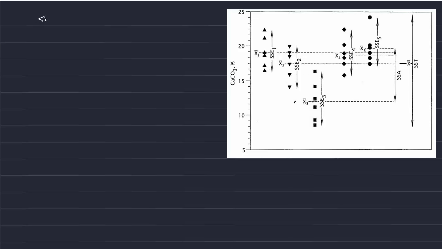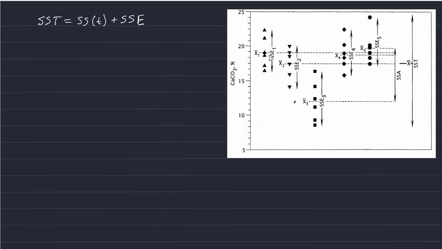Again, the total sum of square variance is due to the sum of square due to treatment plus the sum of square variance within each sample among replicate measurements. So the total variance has to do with the total spread of all these data points, and it's depicted by these long arrows.